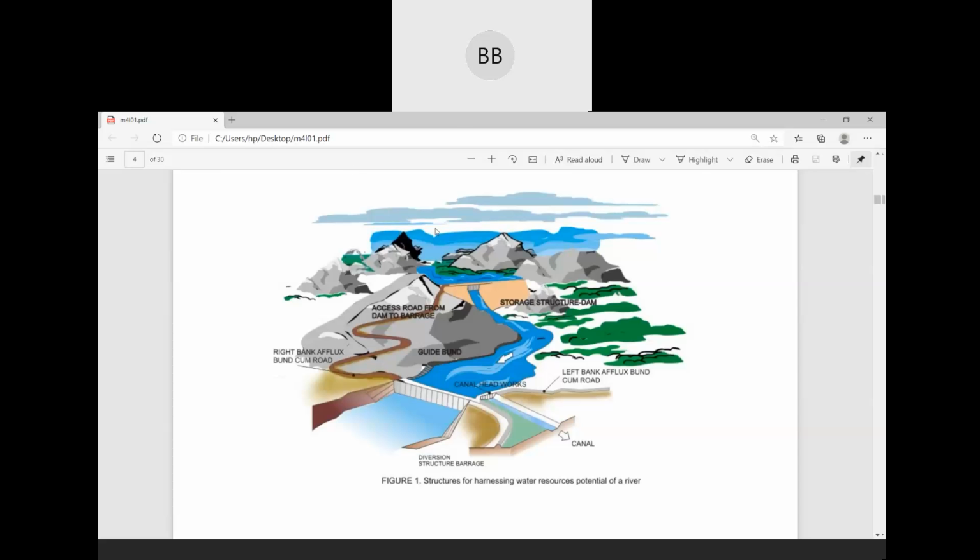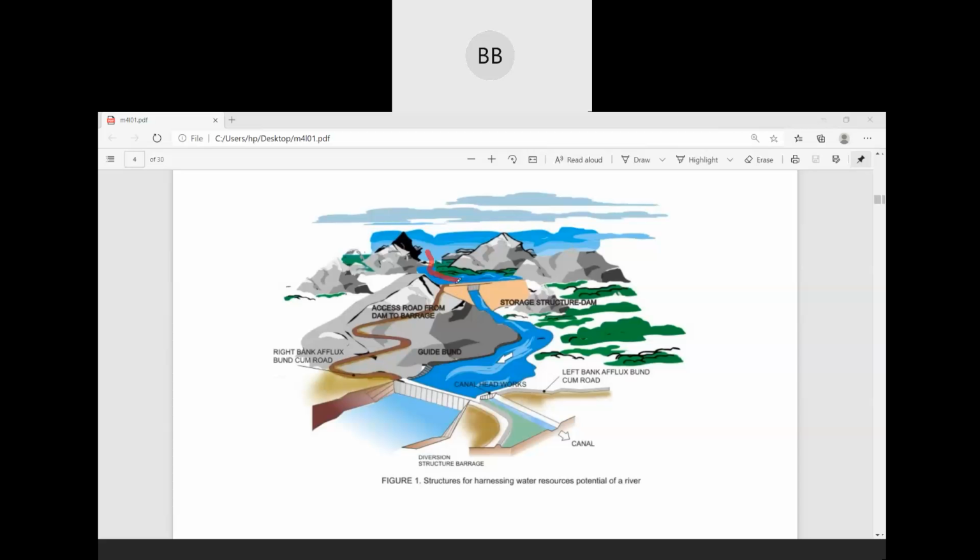You can see here, a river is flowing from here. This is the river. It's flowing from the side. This is where the river is starting.